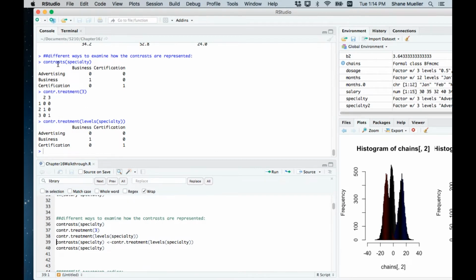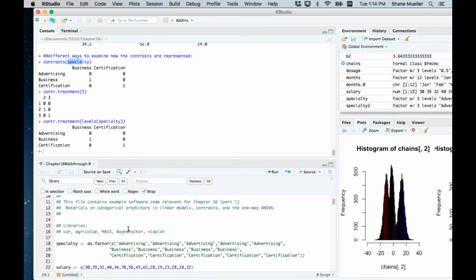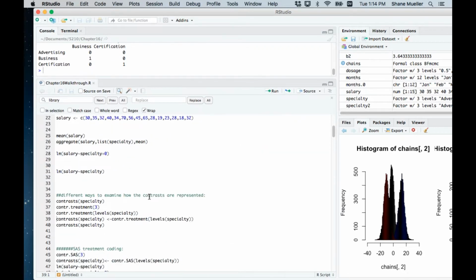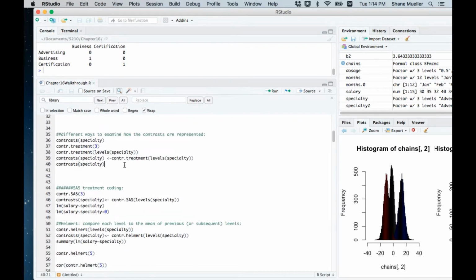So this specialty contrasts were created way up here when I made the factor. And this looks a little weird, but you can set the contrast of a factor using this sort of syntax.